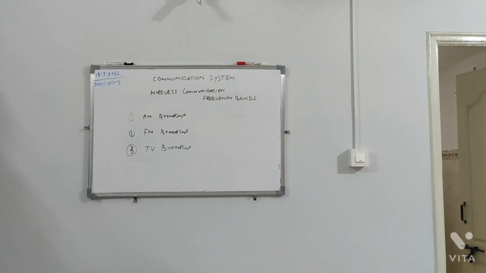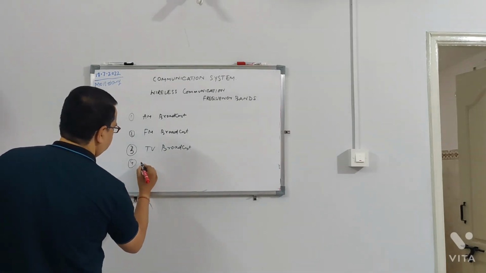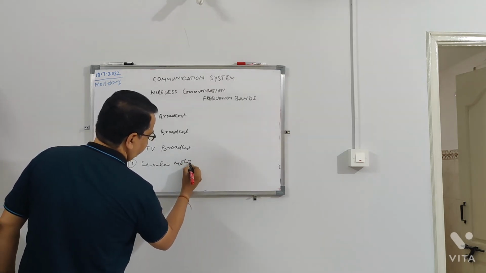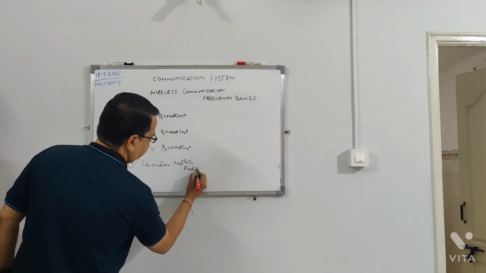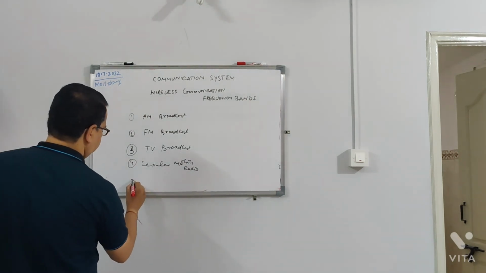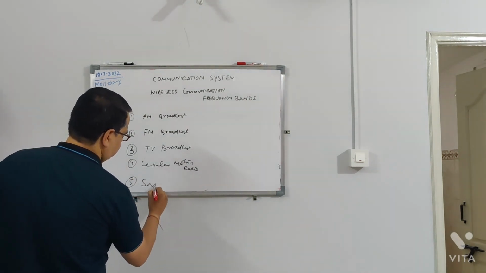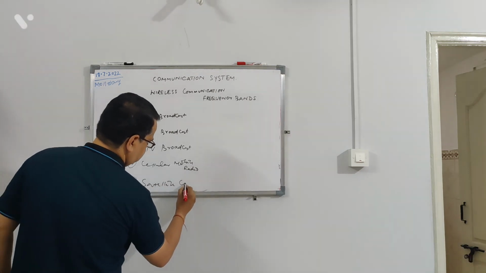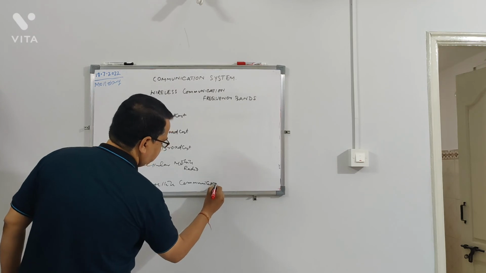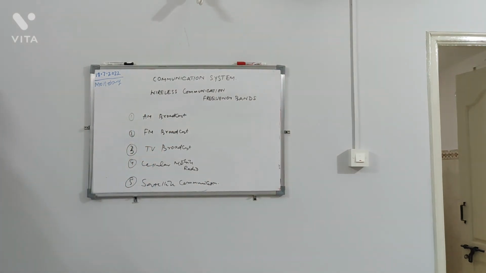This is what we are discussing. Then cellular mobile radio. Then you have satellite communication. So what are the frequency ranges?